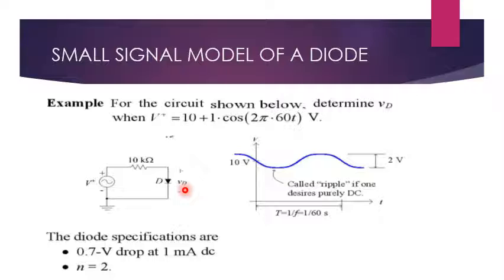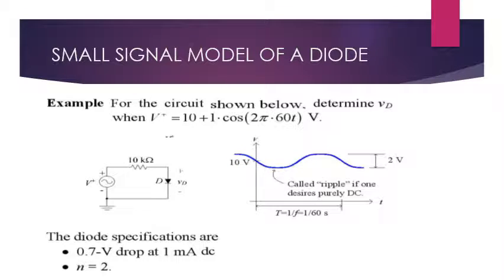Now you see here we have a DC source and a superimposed AC signal. I told you while doing the rectification itself that we want only a pure DC signal, but a small amount of AC is present in the pulsating DC. That AC here they are measuring as 2 volt. The amount of AC present in the DC is 2 volt. So what is your total DC signal? It is 10 volt. Okay, clear.